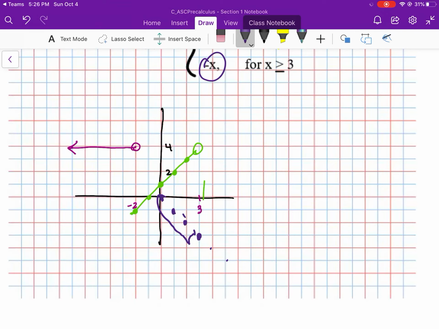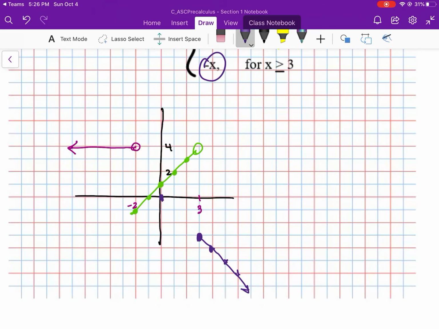I can start here, so let me get rid of these. So I'm going to start here at (3, -3), and then I'm going to go down one box each time, and it's going to look like this. So good luck trying to draw those. I don't know if you have to draw those on the homework or not.